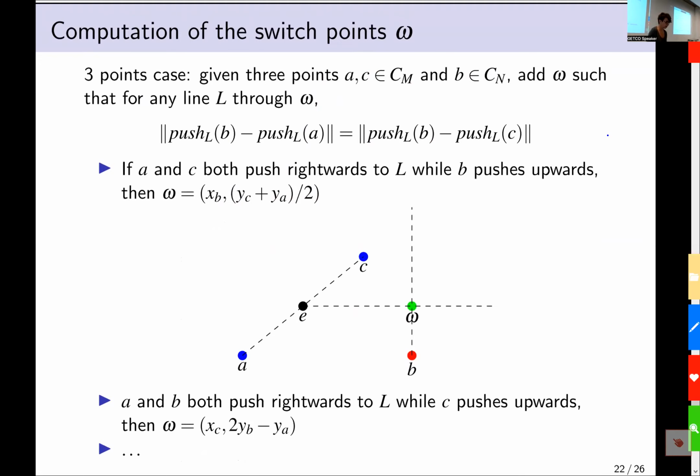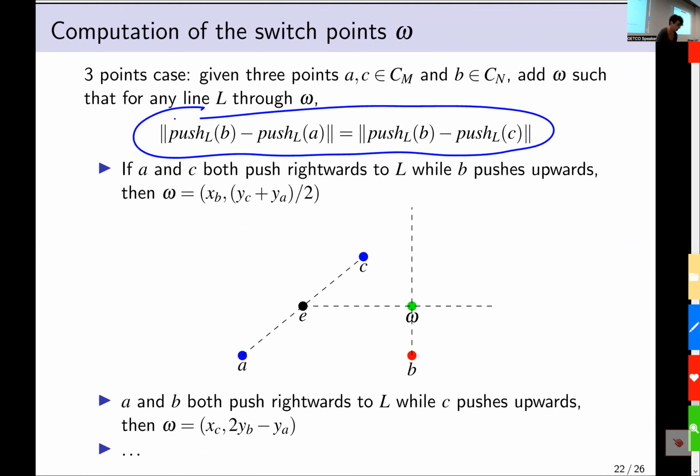For example, in the case where the points A, C from the critical values of M and B from the critical values of N satisfy this relation, we need to add a point omega with these coordinates.